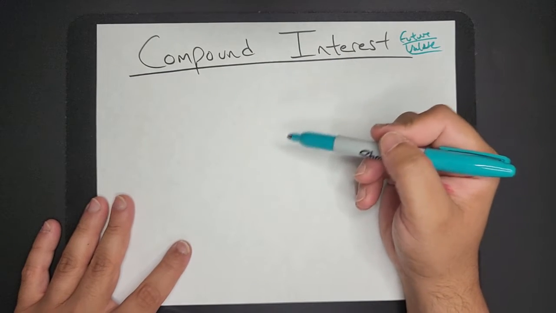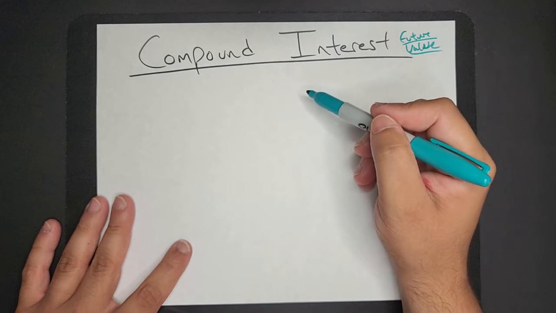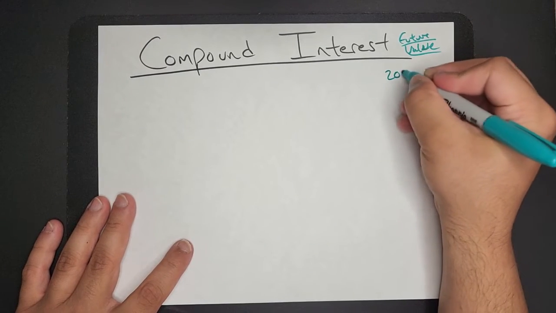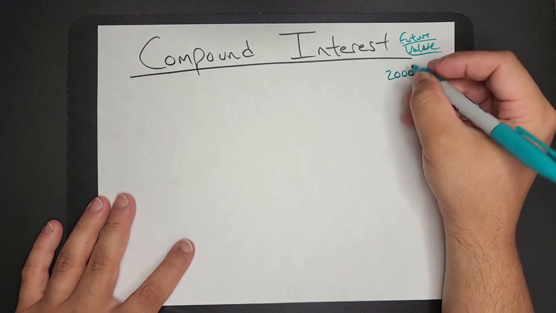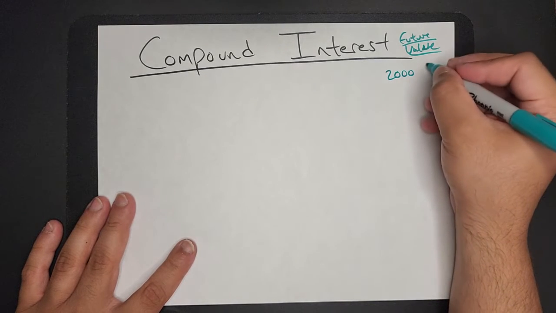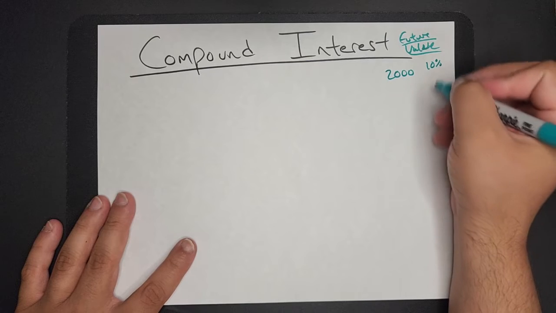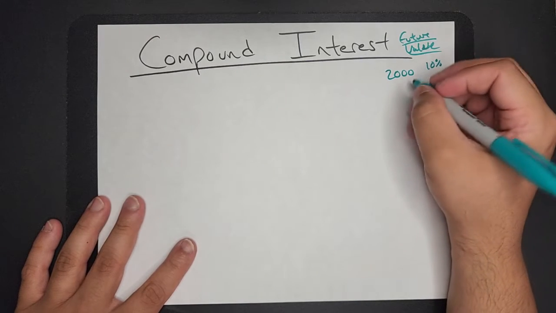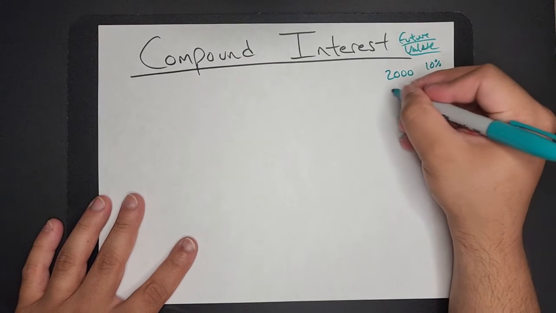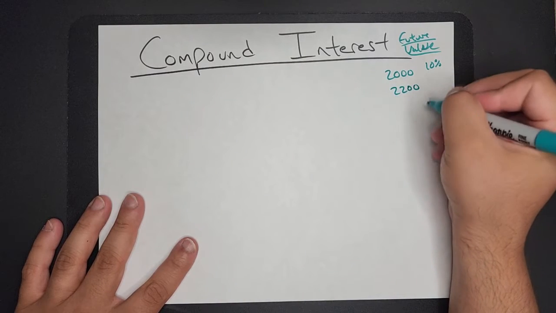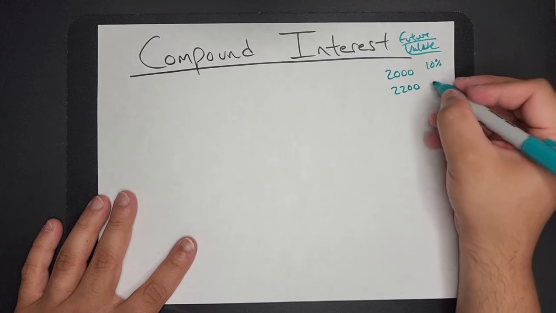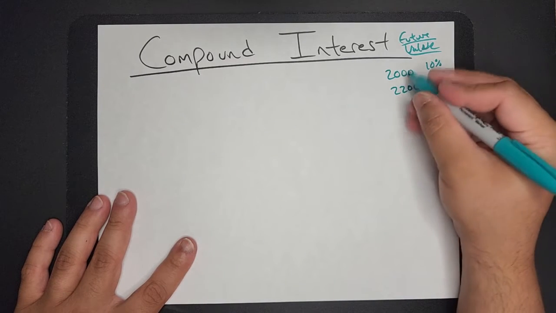So say you have a savings account with $2,000 in it, and it pays, say, 10%, which is imaginary because you never get that. 10% of 2,000, after the first year you'll get 2,200, and then again the 10% is not 200 again.